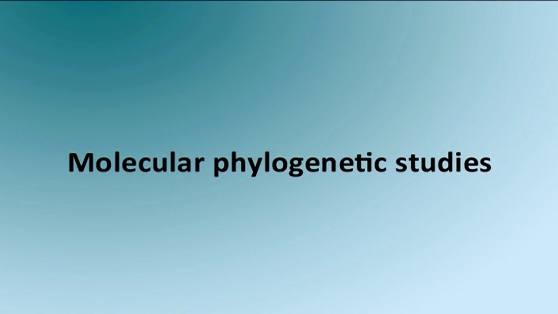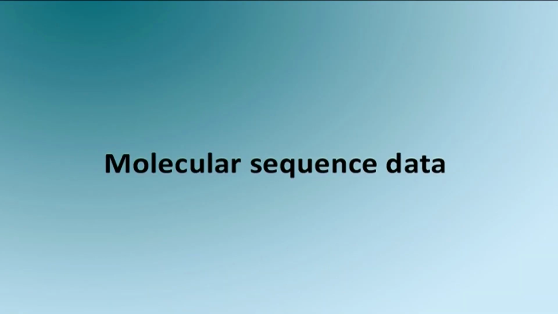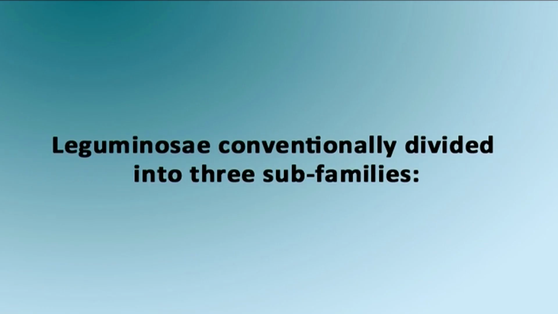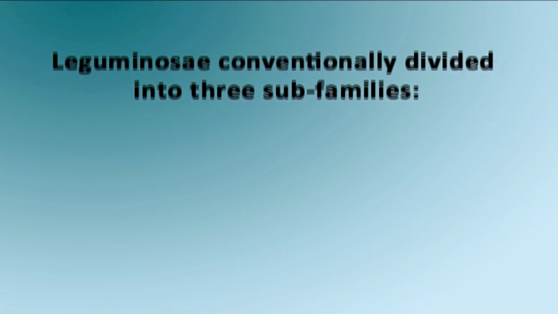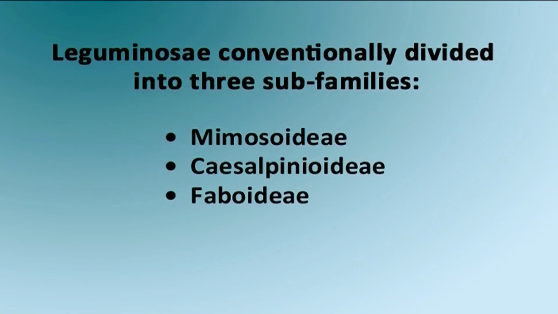The recent update of tribal and generic classification of the Fabaceae has benefited from more than 10 years of intensive molecular phylogenetic studies. Attempts have been made to estimate the age of legumes and diversification in this family based on molecular sequence data. Family Leguminosae has been conventionally divided into three subfamilies: Mimosoideae, Caesalpinioideae and Faboideae, as stated earlier.